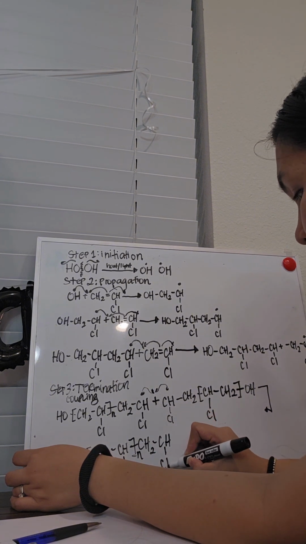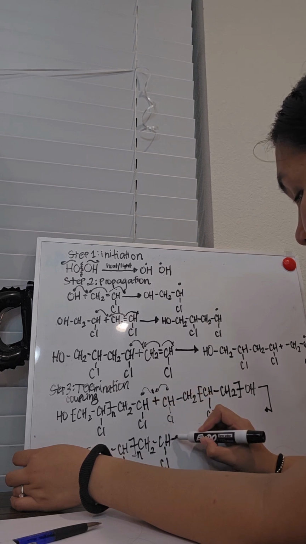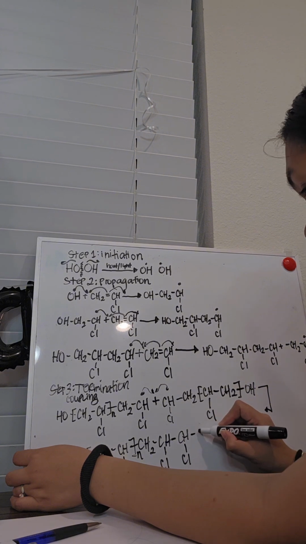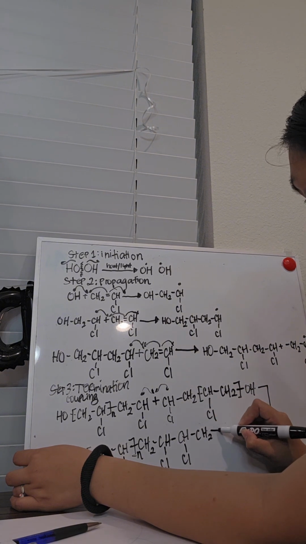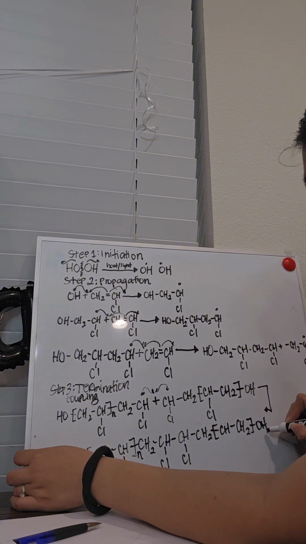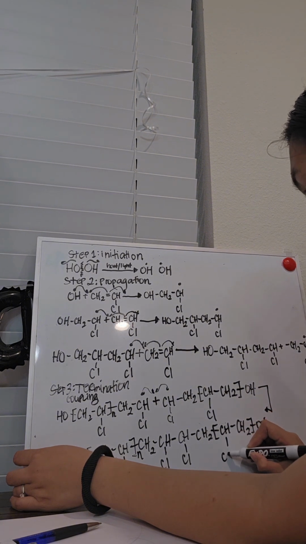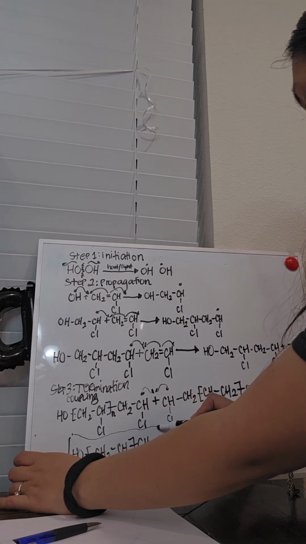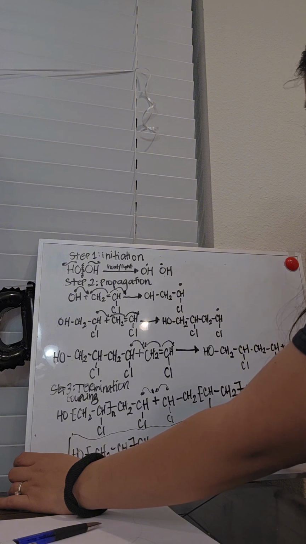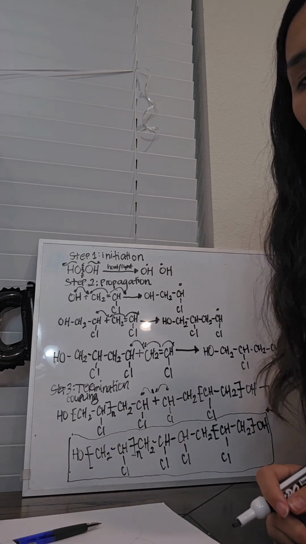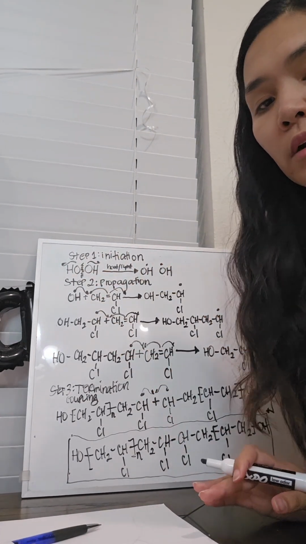And then with this, we will form a single bond in the middle. And we're just writing down everything again. This is the end product for the termination with the coupling method. So I'll erase this and then we'll go from there.